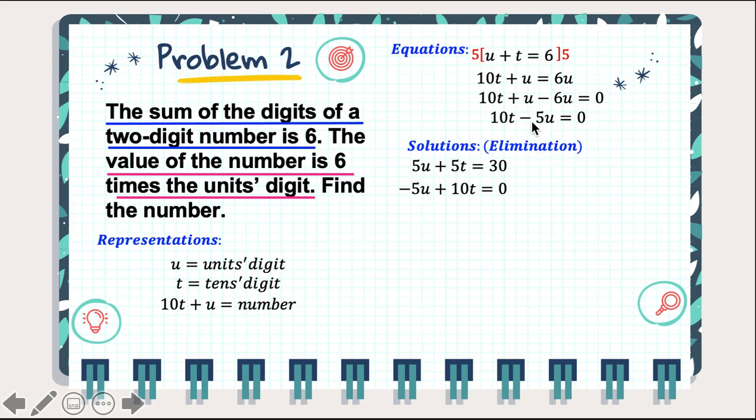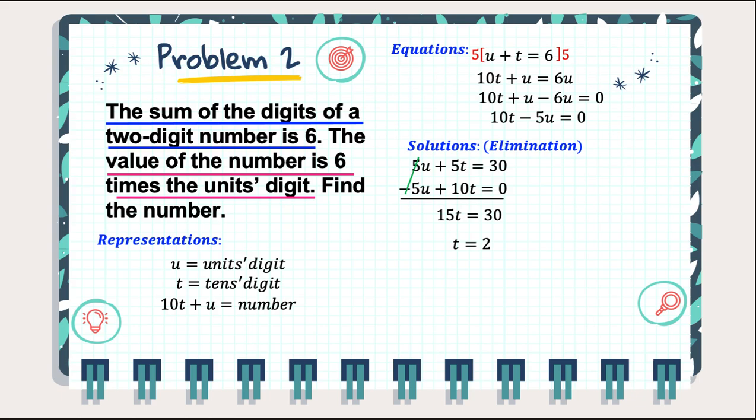As you can see, I write u first, so that will be negative 5u plus 10t equals 0. So be careful with the sign. After we align it, the next step is to add. We can now eliminate 5u and negative 5u, and then simplify 5t and 10t, which is 15t equals 30. Dividing both sides of the equation by 15, the answer is 2.